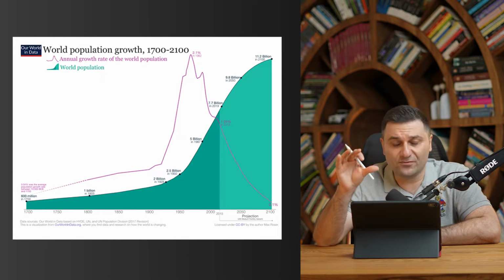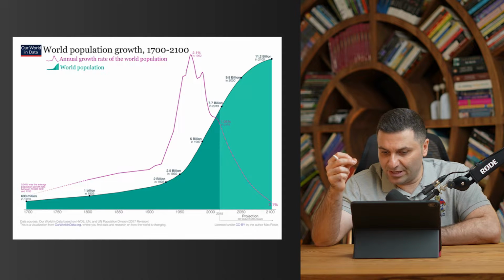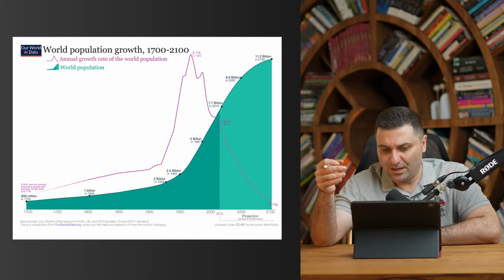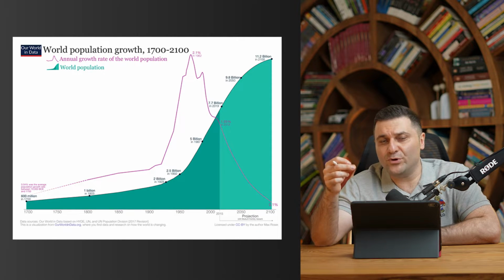We're just going to focus on future perfect tense. So as you can see, according to this graph, by the year 2050, the world's population will be around 9.7 billion.